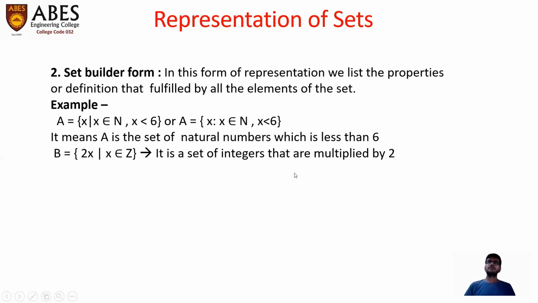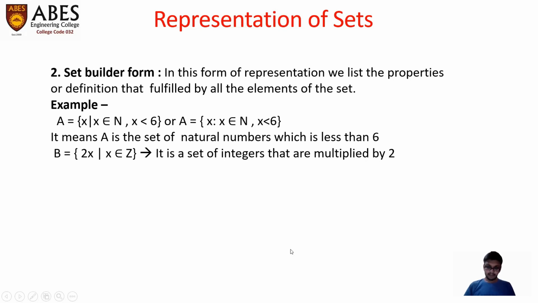It says how many elements will be inside the set A. So the condition says x belongs to N and x is less than 6, or it can be written as {x : x belongs to N and x is less than 6}.